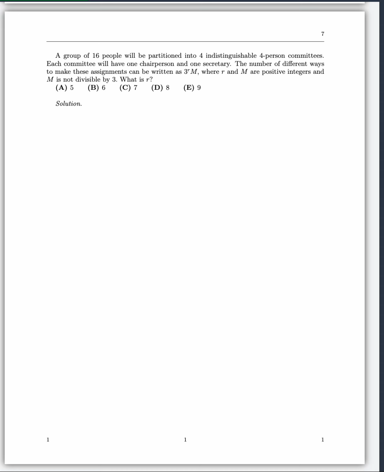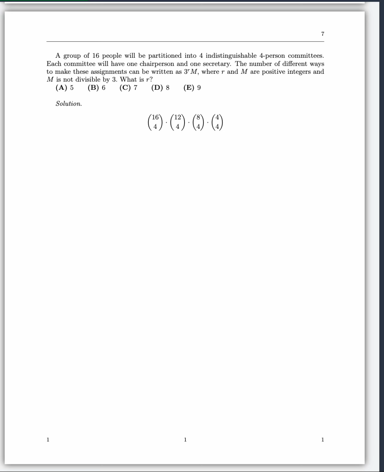But there's a caveat: this will have some overcounting. For example, if I choose A, B, C, D first and then E, F, G, H second, this is actually the same choice as choosing E, F, G, H first and then A, B, C, D second.